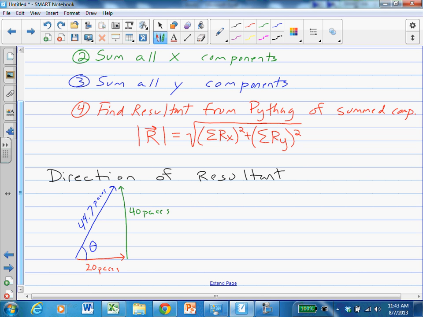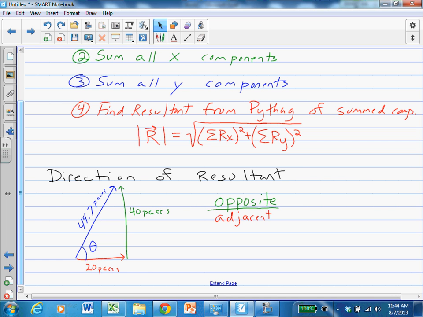Well, if we look at the ratio of the opposite side to theta over the adjacent side, we can see that that ratio is 40 paces over 20 paces.